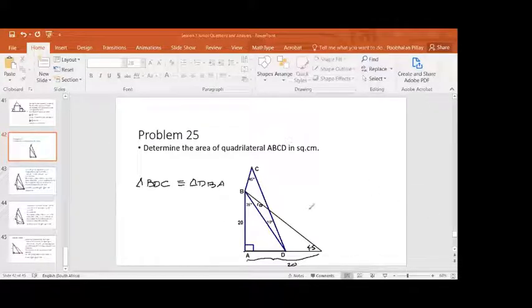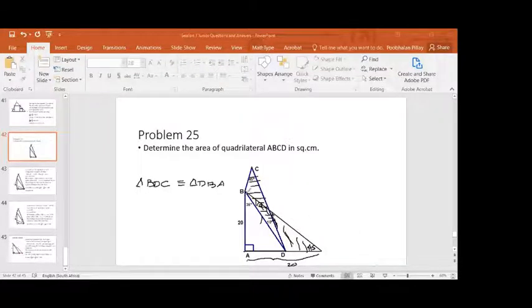Right? We're looking at these two triangles here. That one and this other one here, the whole thing going up to this. Those are the two triangles.